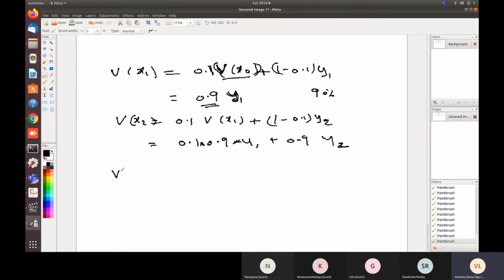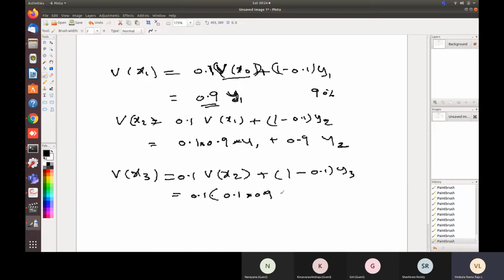V of x3, if you do x3, that's enough, so you'll understand what's happening there. It is 0.1 into V of x2 plus 1 minus 0.1 into y3. So what is V of x2? It is 0.1 into 0.9 into y1 plus 0.9 into y2, all in one bracket, plus 0.9 into y3.